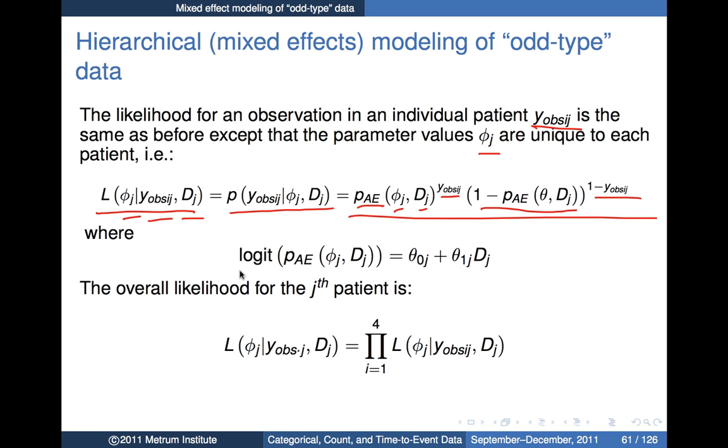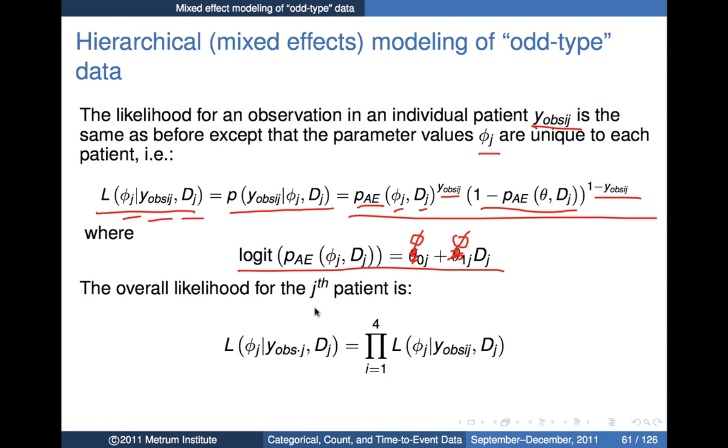And in our case, again, we're going to use our good old linear model as our first example. So the logit of that probability then is some theta. You know what? I should have put phis there. So consider that a typo. This should have been a phi, and this should have been a phi over here. So that'd be like a phi sub 0j and a phi sub 1j multiplying dose.